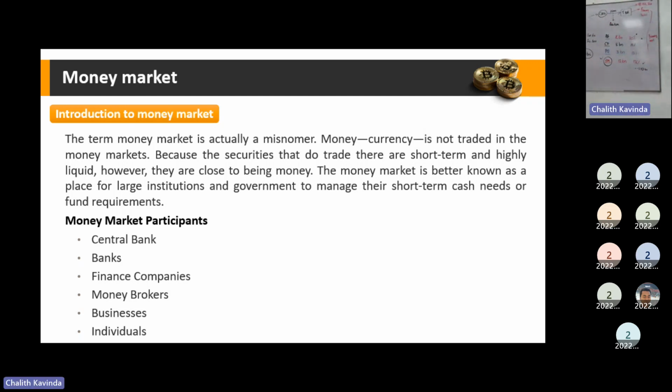Now what they could do, they can issue these T-bills again. To whom? To the general public.